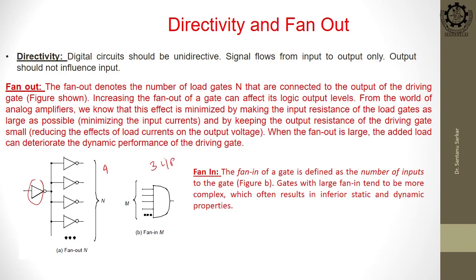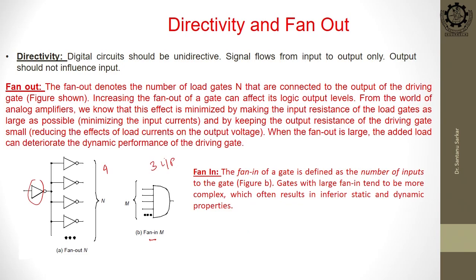The number of inputs is the fan in, and the number of outputs, or the number of logic gates it is driving, is the fan out. Now, it is not advisable to have a large fan out. Ideally CMOS can have infinite fan out, but there is a limitation on how much fan out you should have. So, can you tell me why it is not advisable to have a large fan out or large fan in?